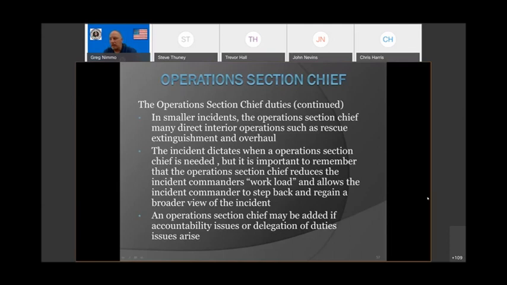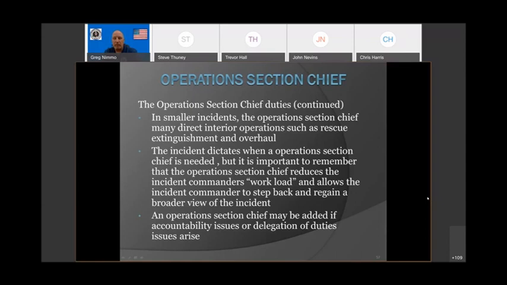So again, accountability is important. It's not the operations section chief's designation to know every single person, but if you've got a commander of a couple of different groups, and you rely on your east side command group or your fast attack group, however you want to designate those, you may want to say, all right, I know that I've got 3 groups working, and it's that commander's group to say, hey, I've got 4 people with me.